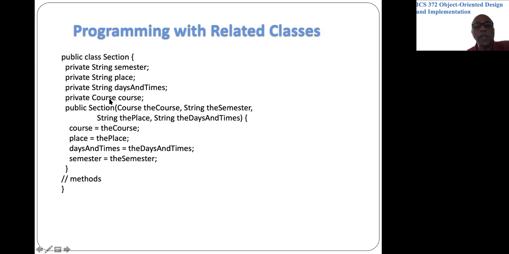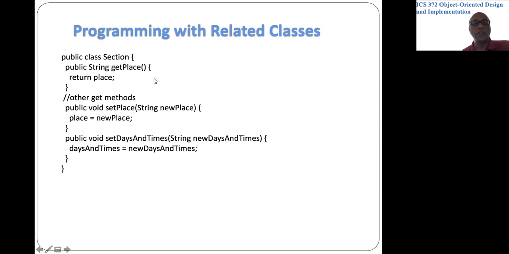When we create a section, we specify the course object and then the semester, the place, and times at which the course is offered. Those things are stored in the corresponding fields.